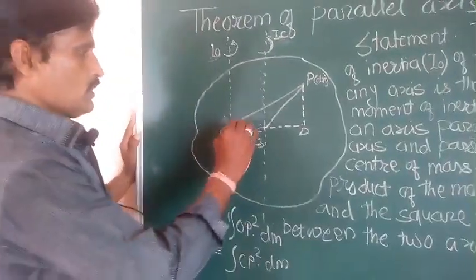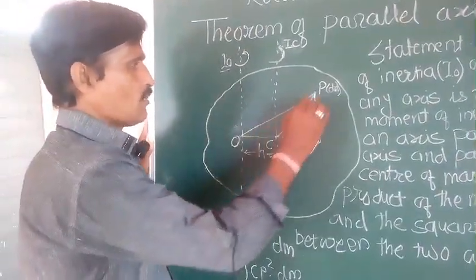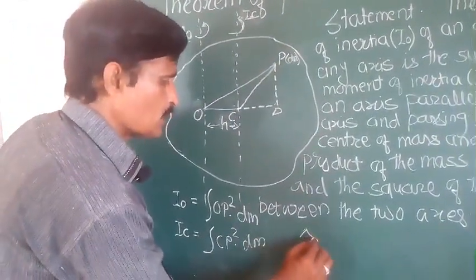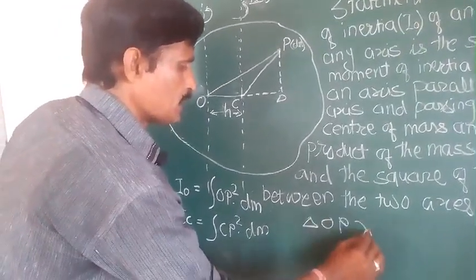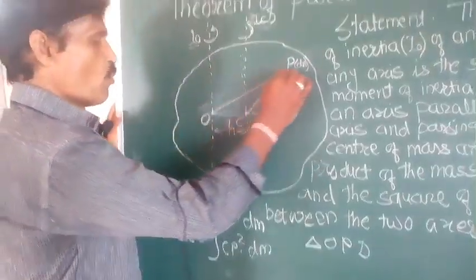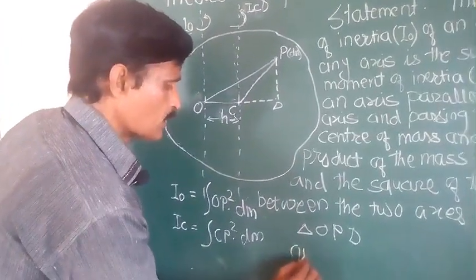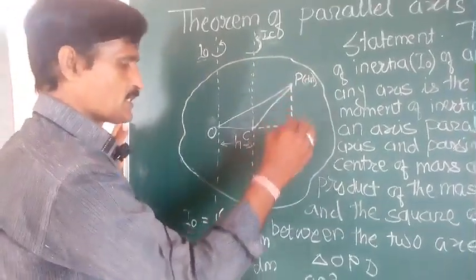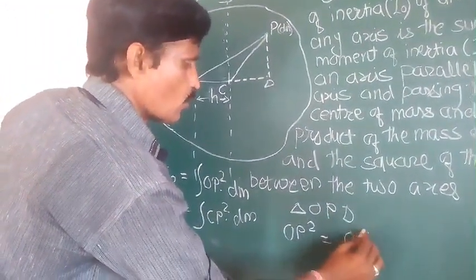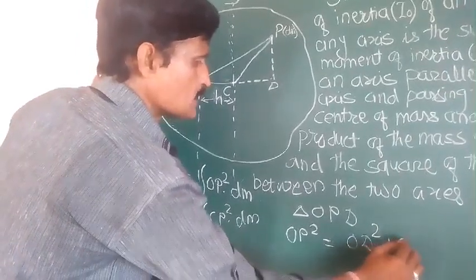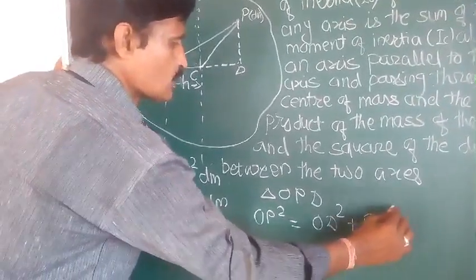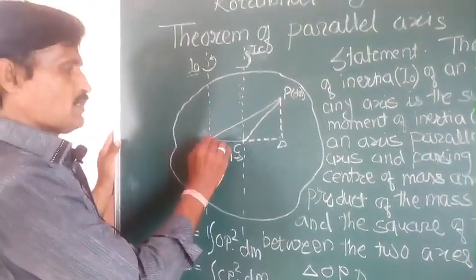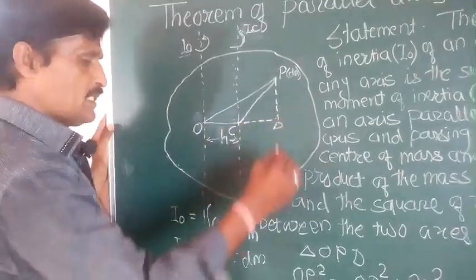Now consider this triangle OPD. From triangle OPD, OP square is equal to OD square plus PD square. But OD is equal to OC plus CD.